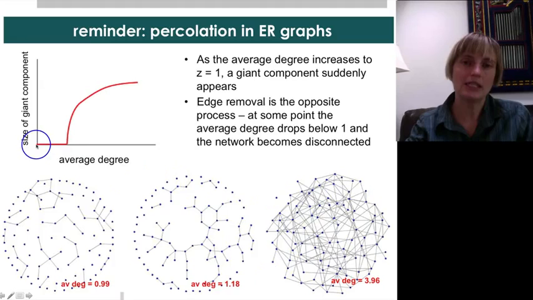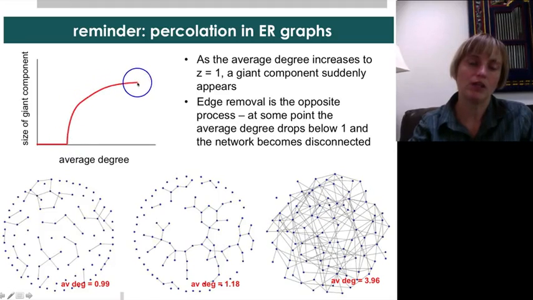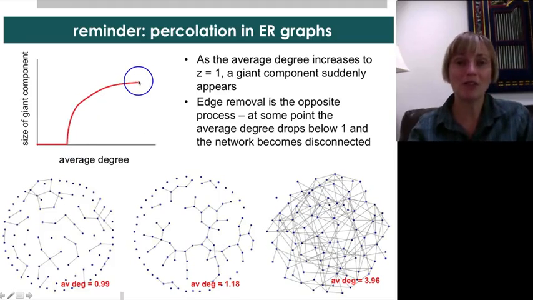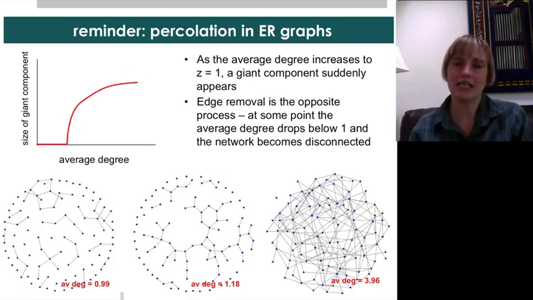And when we looked at the size of the giant component, it looked something like this, where you just don't have a giant component, and then right around average degree of 1 for each node, you get the emergence of the giant component. So now we're just doing the reverse, which is we're starting out with the network at some stage, at some density, and then we're removing the edges and we're seeing the effect.